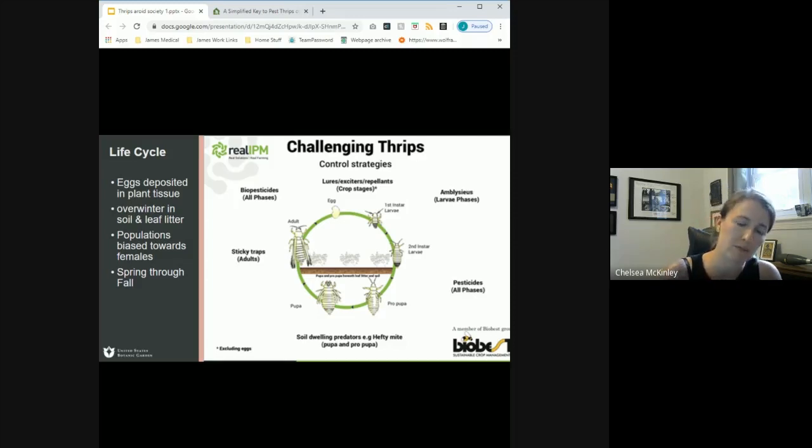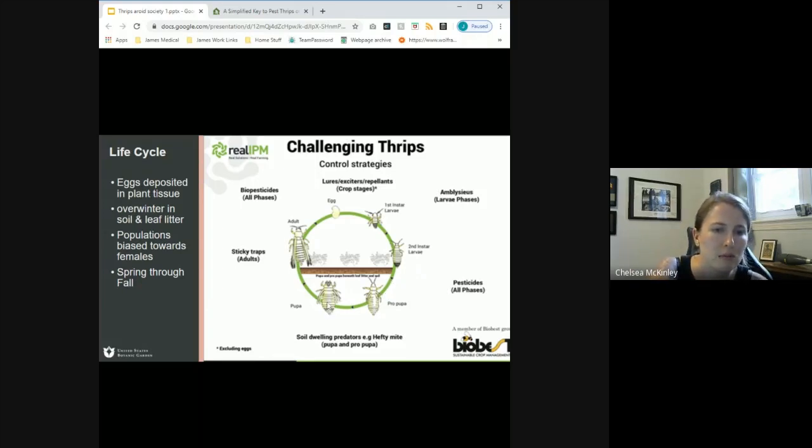So there are potentially still pupa just hanging out on your plant, but most of them end up falling off of the plant into the soil or the ground surrounding the plant. These stages can be difficult to control, but if you're knowledgeable of their existence, then you can address them.